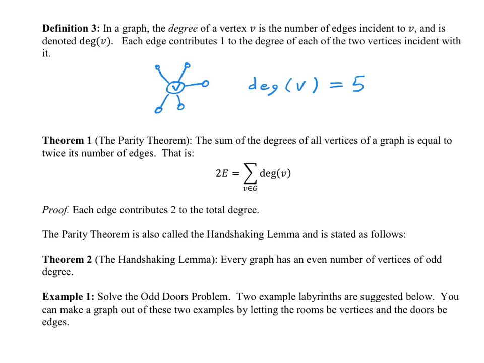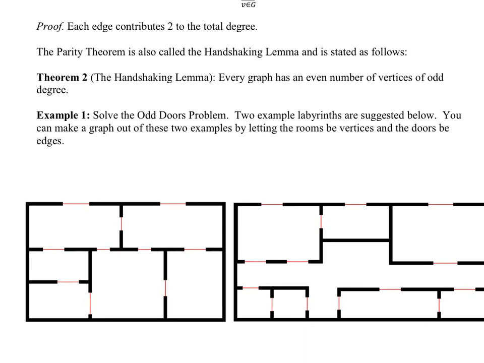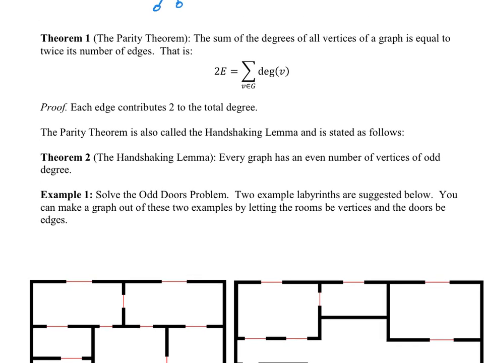We can also talk about the handshaking lemma. Every graph has an even number of vertices of odd degree. This is another way of talking about that equivalence from above. If we scroll back up and think about what it's saying, we have an even number of vertices of odd degree.